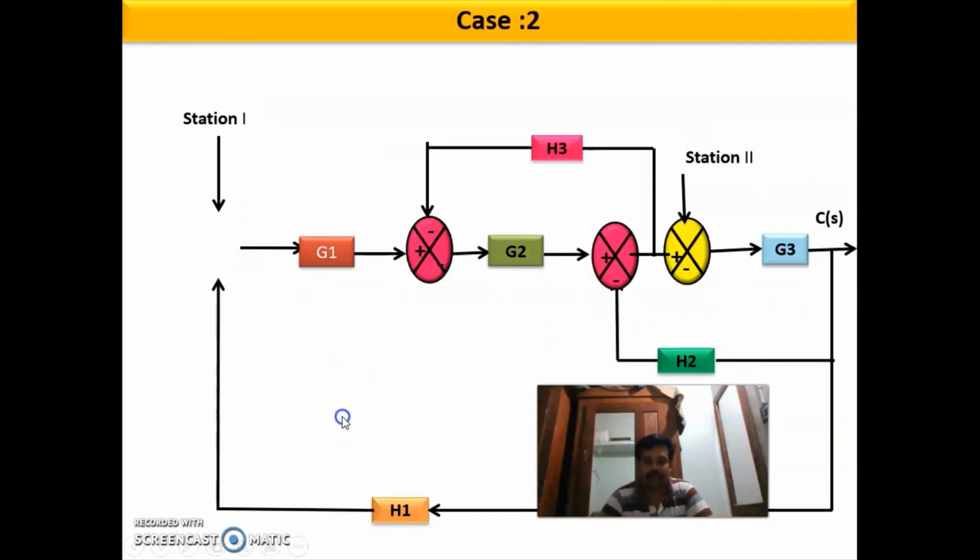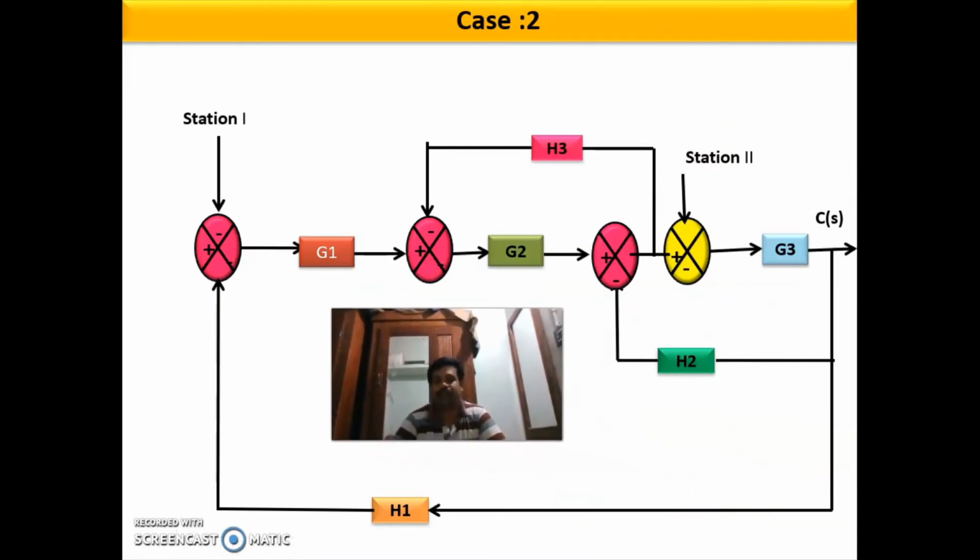So we have completed the first case, and we are going to case 2. In case 2, we make the input at station 1 as 0, and we give input R to station 2.